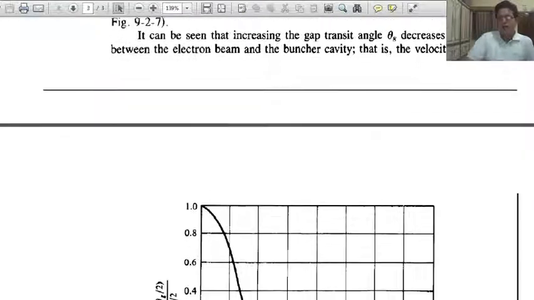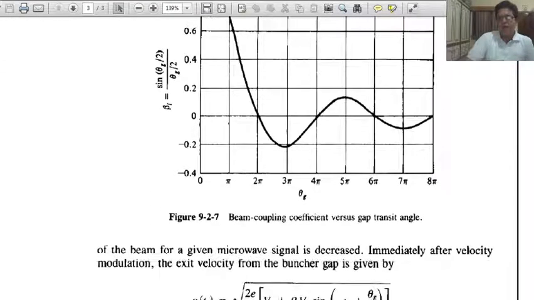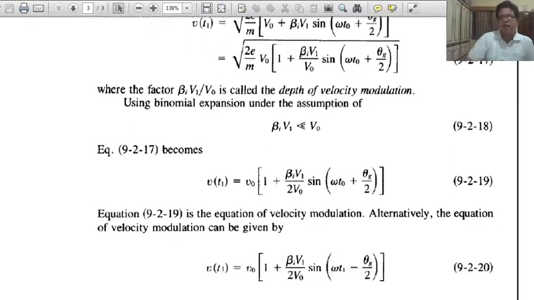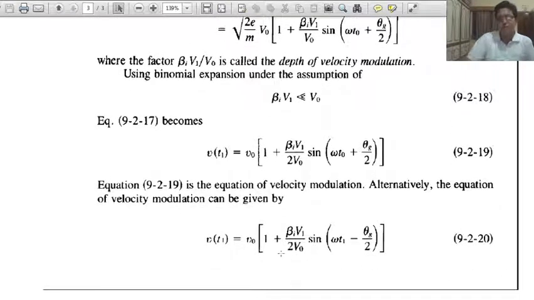By the combined effect of high DC voltage and microwave signal, we get the expression for the velocity modulation for the two cavity klystron.